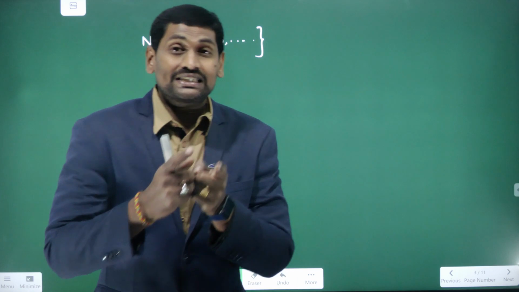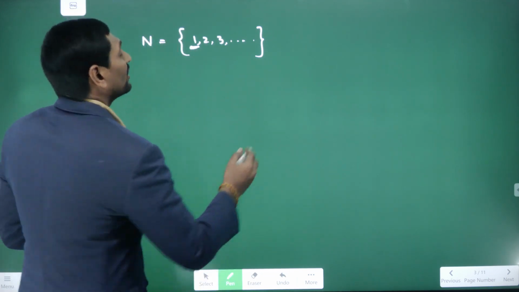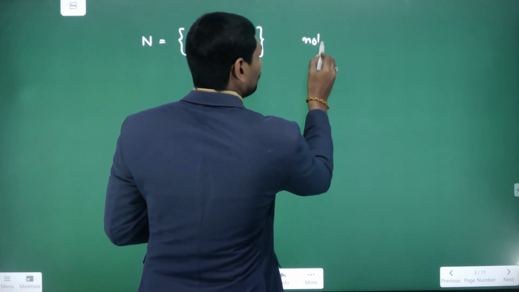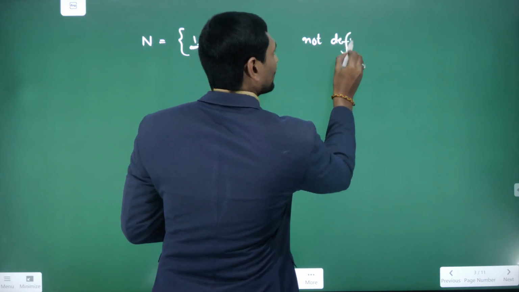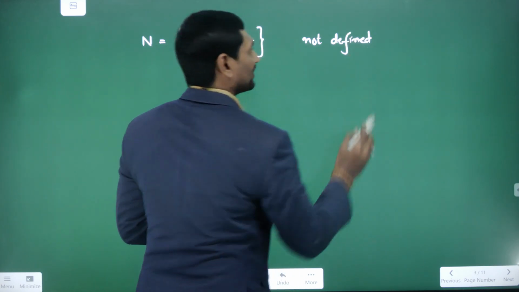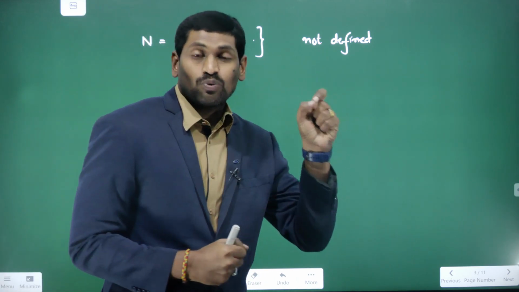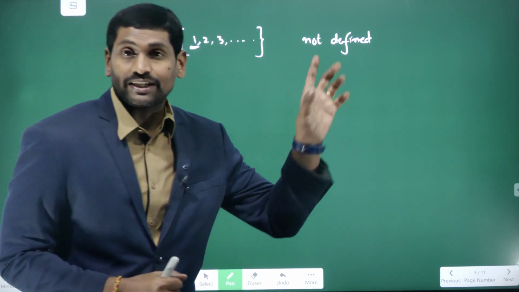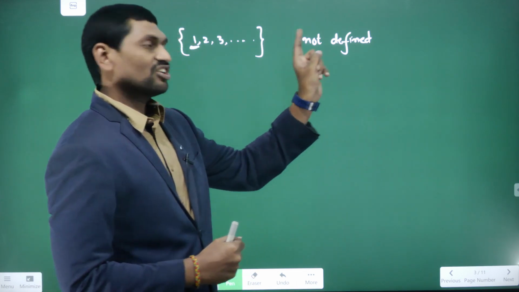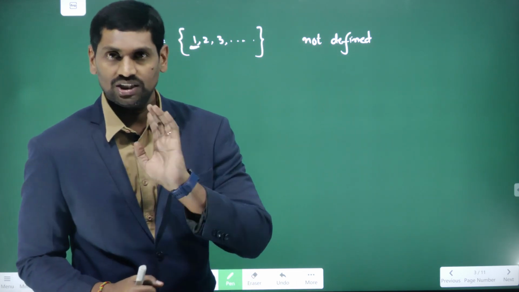That means the largest natural number is not defined. Why is it not defined? When you count the numbers like that, they keep coming on like that only, so we cannot decide the largest number in the set of natural numbers. The largest number is not defined.